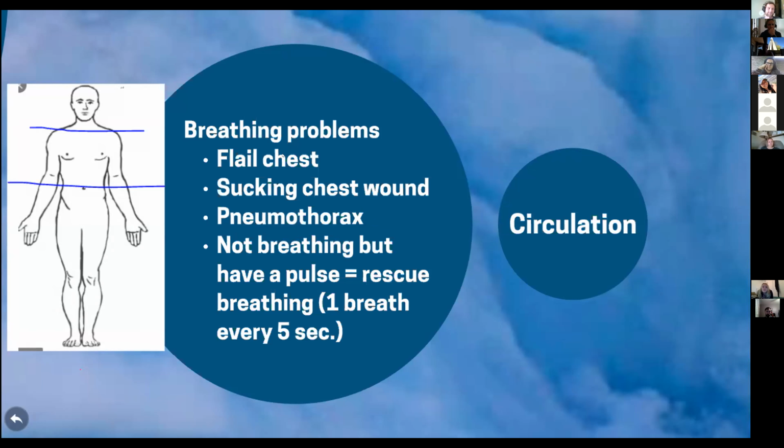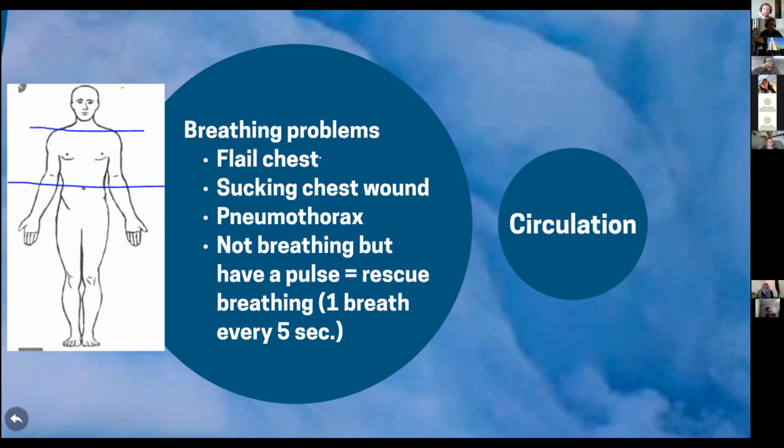I guess the technical definition is 2 or more ribs broken in 2 or more places on each of those ribs. They call it the flail chest because it's a flail segment that moves in opposition to the rest of the chest wall.